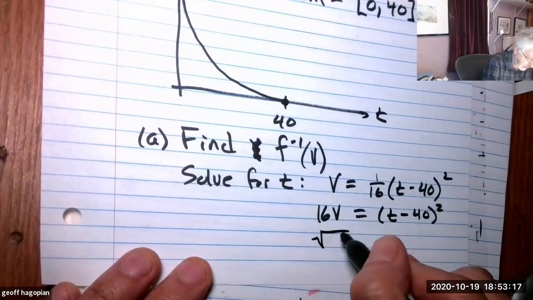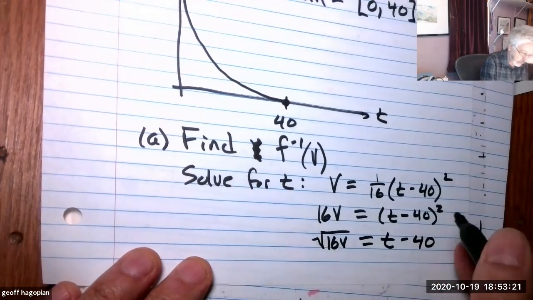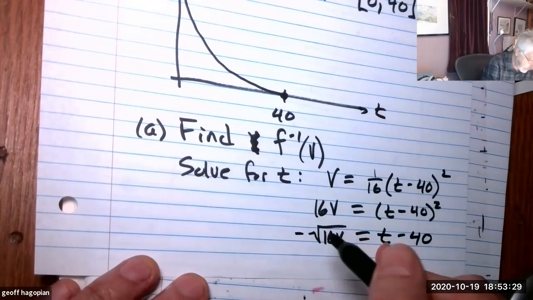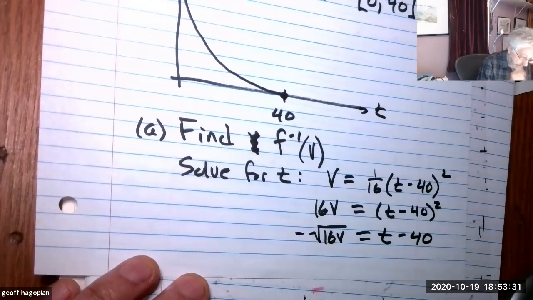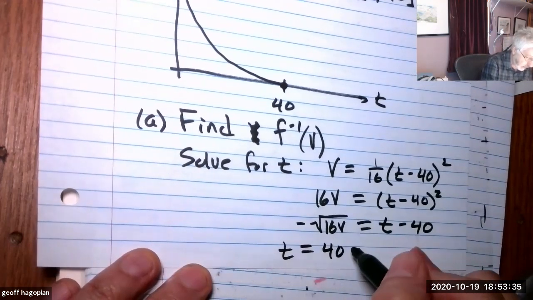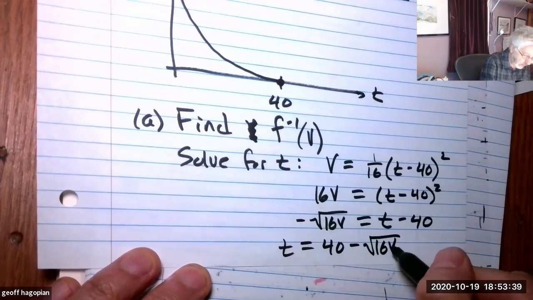So I'm going to start out with the positive root. But the next step would be to add 40 to both sides, right? Ah, yeah, I need the negative root. So t is going to be equal to 40 take away the square root of 16v.